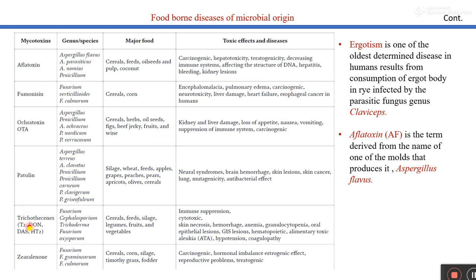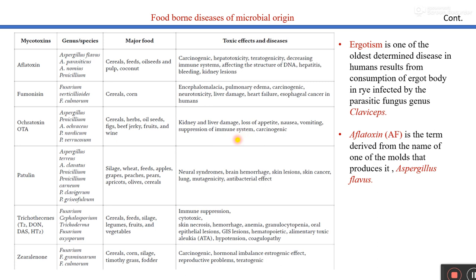Similarly, these are the different toxins which are generally released by different kinds of fungi, which grow in different kinds of food products, and this generally causes different kinds of diseases in the human body.